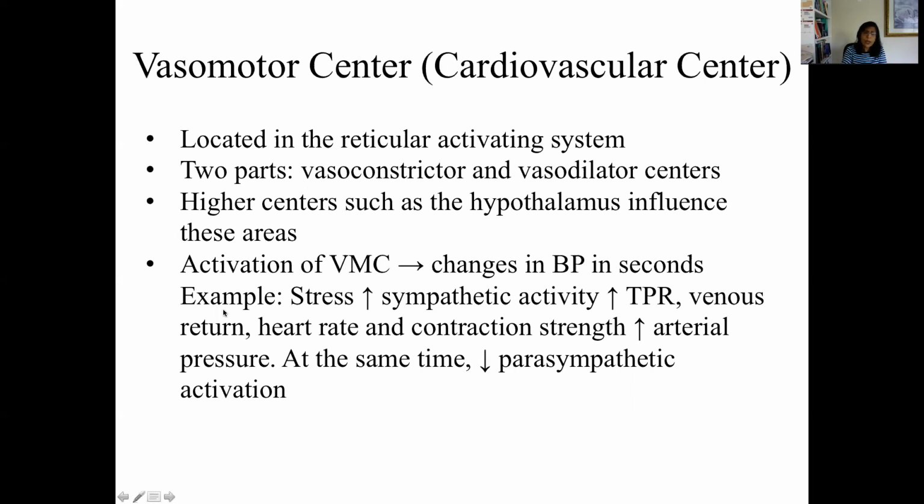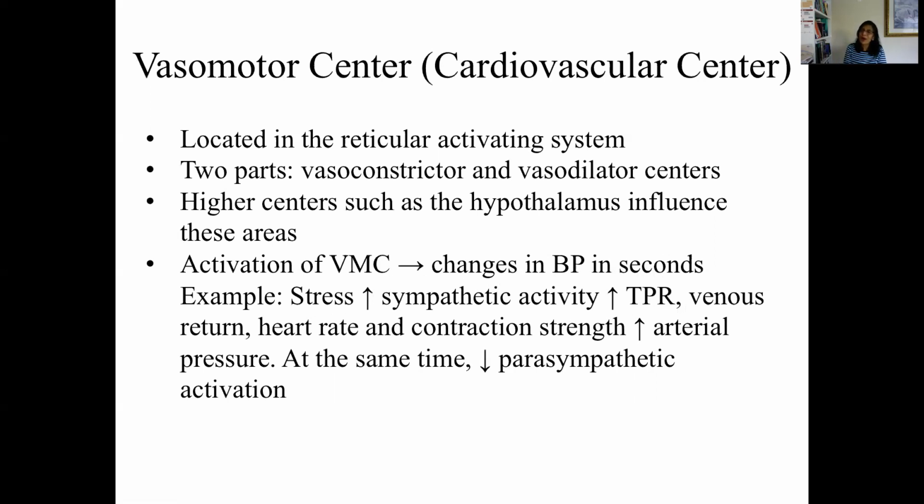So here is one example. If activation of the vasomotor center is the case, the blood pressure can change in seconds. Stress stimulating sympathetic activity causes increased total peripheral resistance, increased venous return, increased heart rate, increased contraction strength, and increased blood pressure.